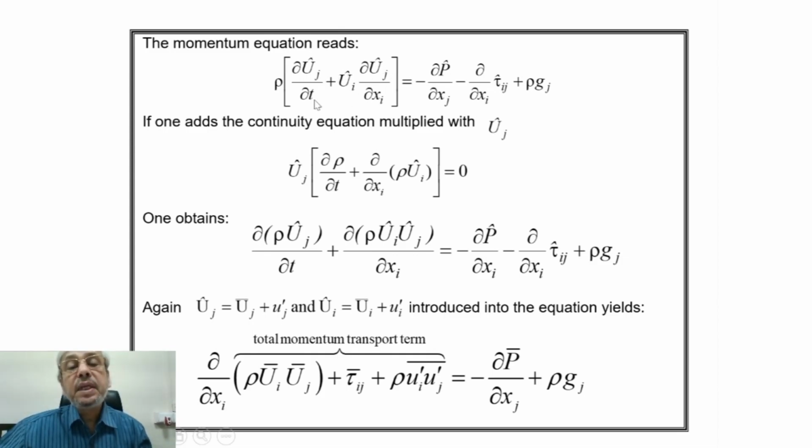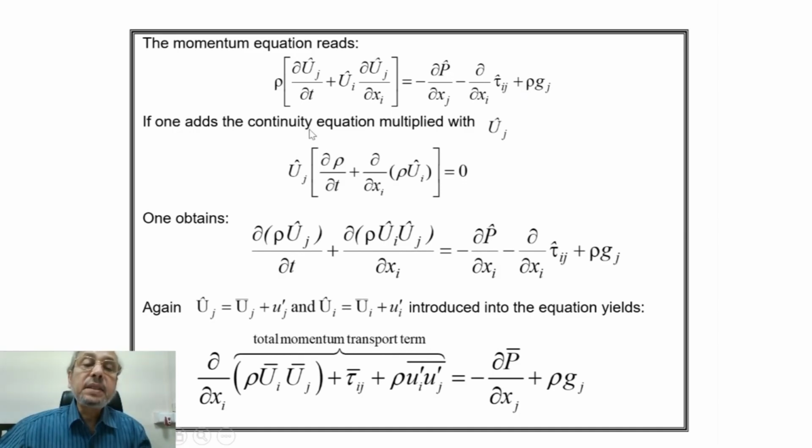Basically this is the temporal term, convection term, minus del p hat del xj plus del xi of tau ij hat plus rho gj.